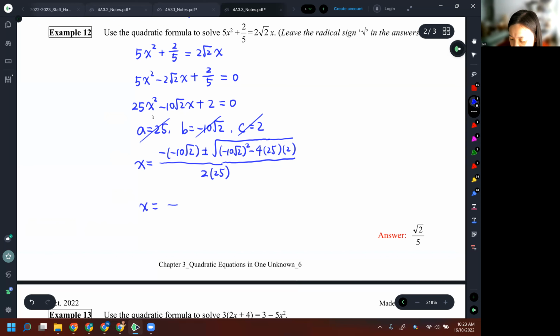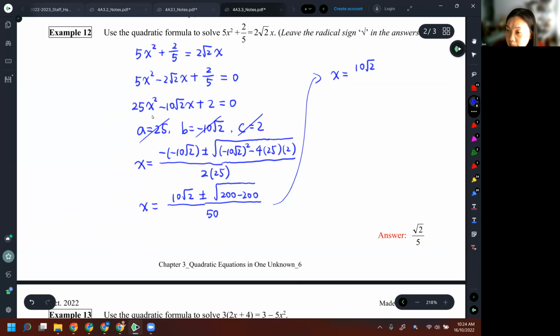And then a bunch of simplifying. It's 10 root 2 plus or minus the square root of 200 minus 250. Okay. And then you get X equals 10 root 2 plus or minus 0.